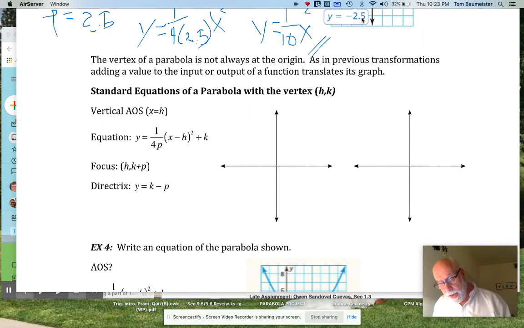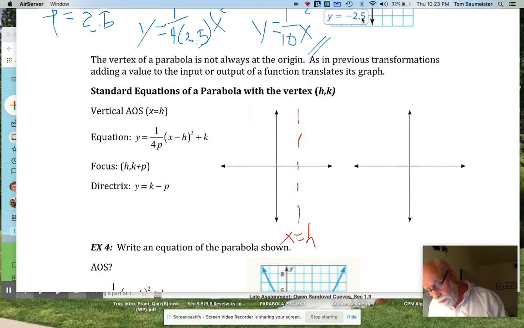Again, our axis of symmetry is somewhere on the line, and it's not going to be at 0 anymore. It's going to be at x is equal to h. All right, and somewhere on that, we are going to have a k.